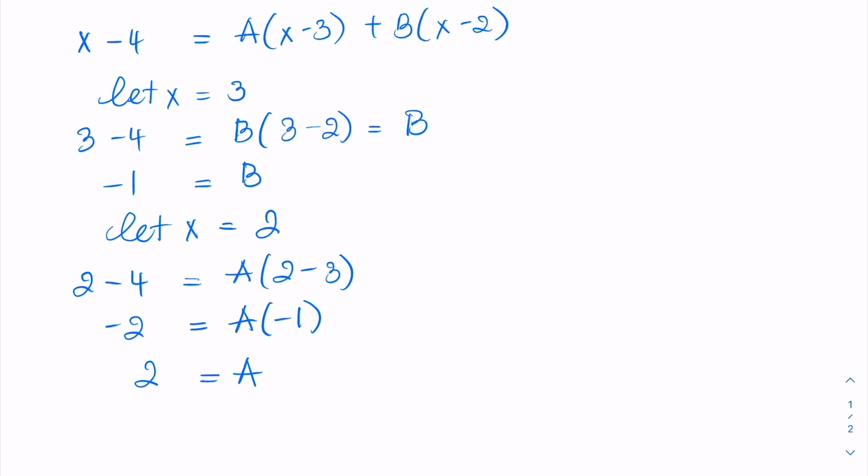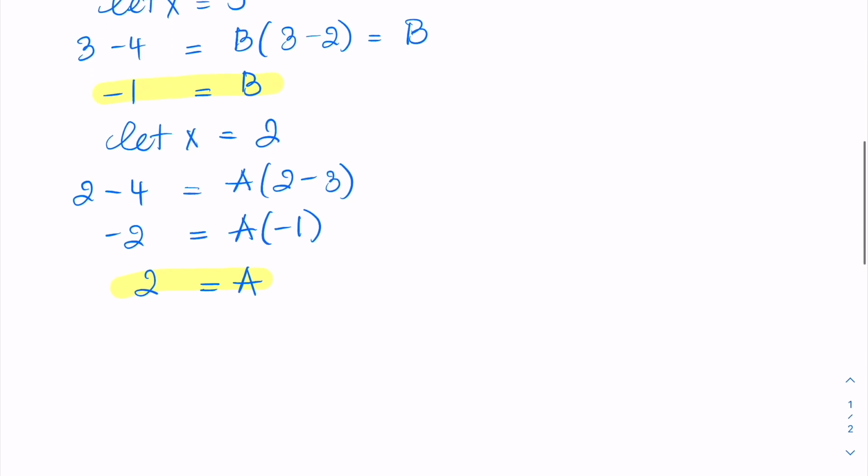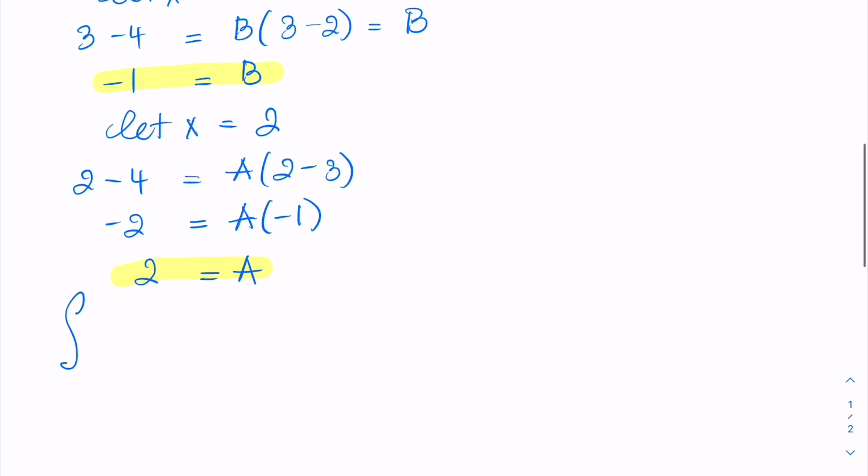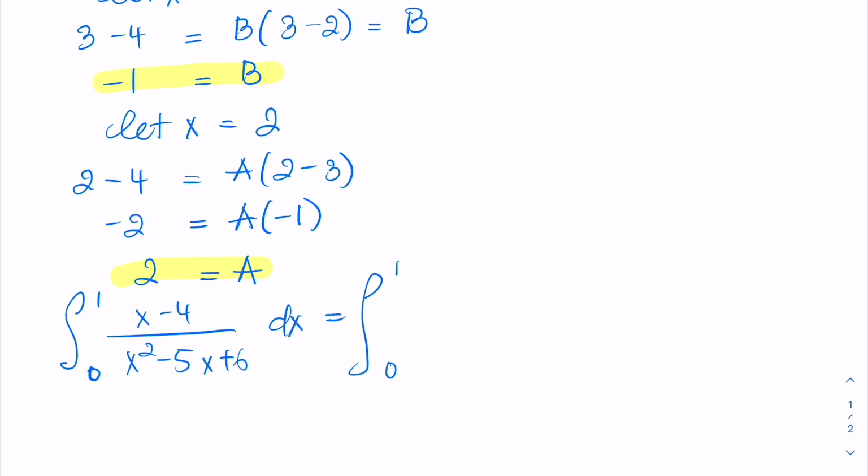So you can see right here we have A is 2 and B is negative 1. So we're going to go back and rewrite the fraction from 0 to 1, x minus 4 over x squared minus 5x plus 6 dx. It turns into A, which is 2 over x minus 2.